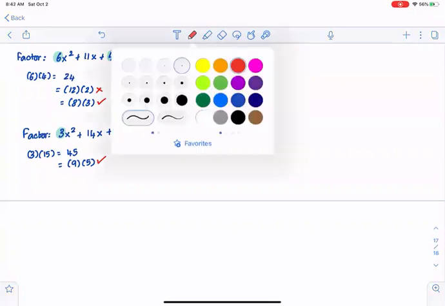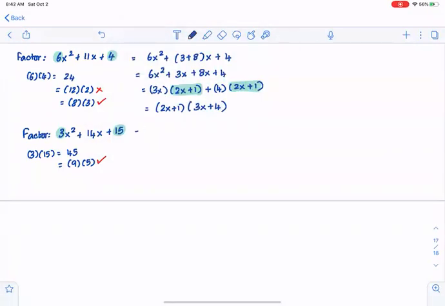So that is going to work. I'm going to split the 14. So we'll have 9x plus 5x plus 15.